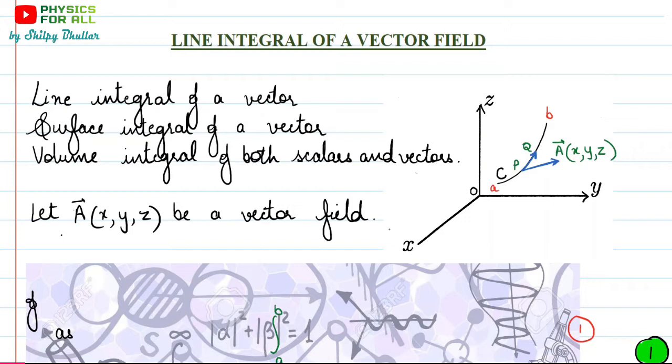Now, as you can see here in the figure, we have this coordinate system, x, y, and z axis, and this curve you can see. Now, this is just a simple line being drawn. And one more thing is that whenever we talk of line integral, it doesn't mean that it has to be a straight line.